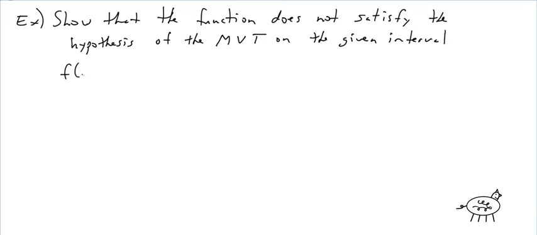Okay, so here's your function. f of x equals the absolute value of x plus 1, and your interval is -3, 2.